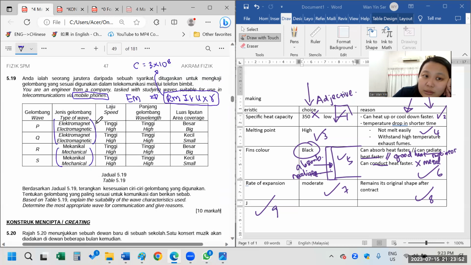Light speed. Okay, because it has light speed, high speed. Okay, why all high? I think something wrong. This should be low, this should be low. Okay, then B, wavelength.